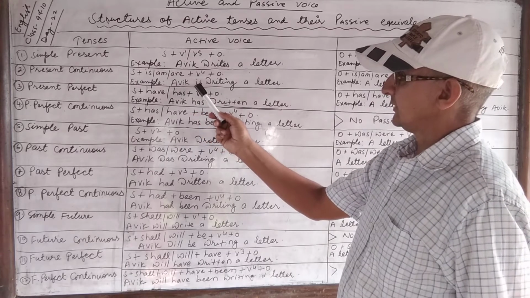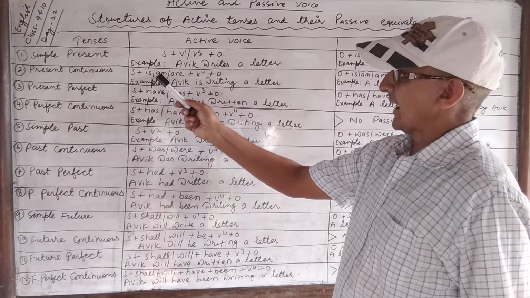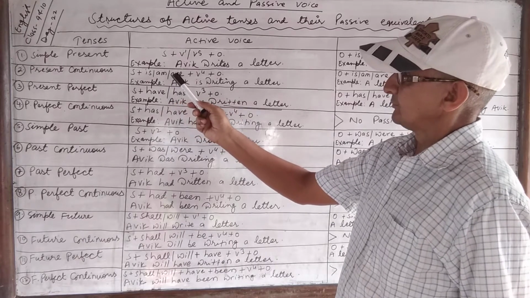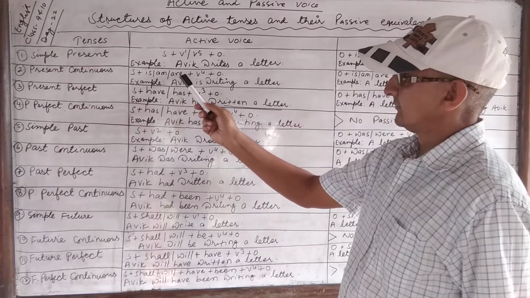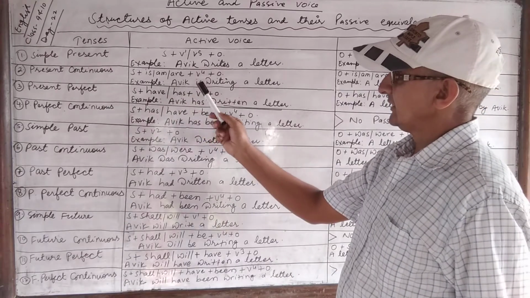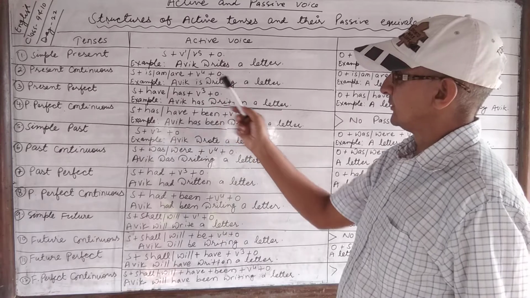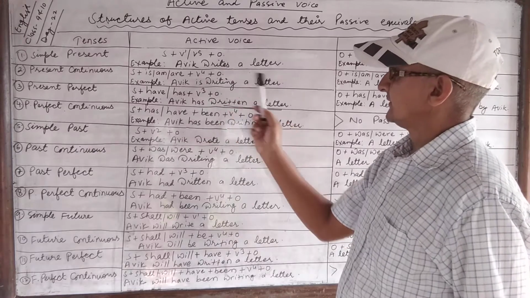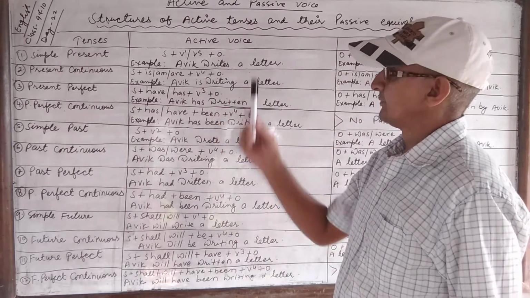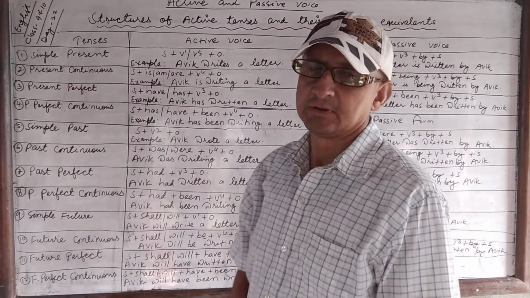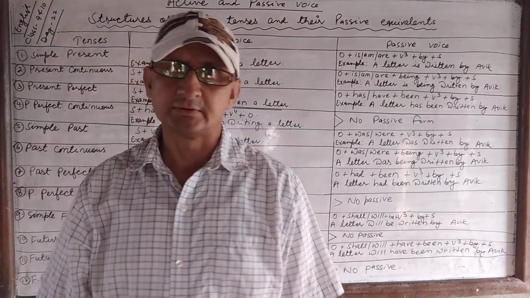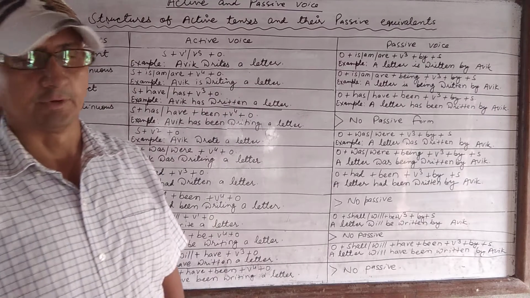With singular subject we use is. With I we use am. And with plural subject we use are. Avik, the subject, is the be verb, and writing is V-ing, a letter is object. This is the structure of present continuous tense in active voice.